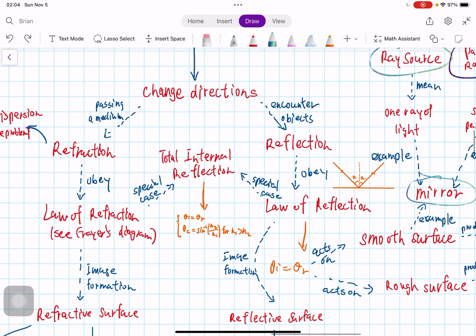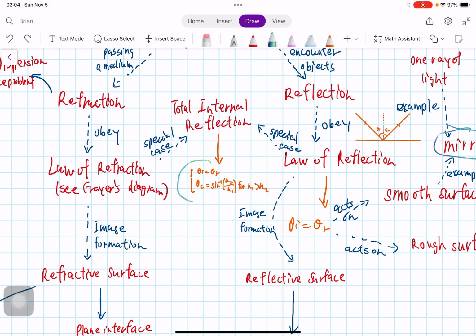For both the law of reflection and law of refraction, when they combine, there's a special case called total internal reflection, for which there's a problem to illustrate it, and it includes these 2 equations, which are the combination of the law of reflection and the law of refraction.